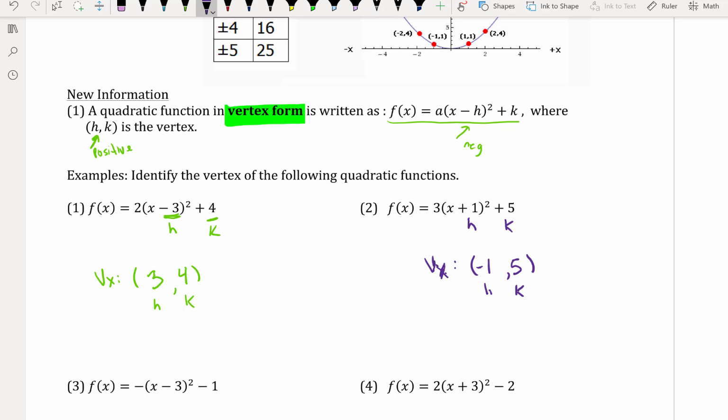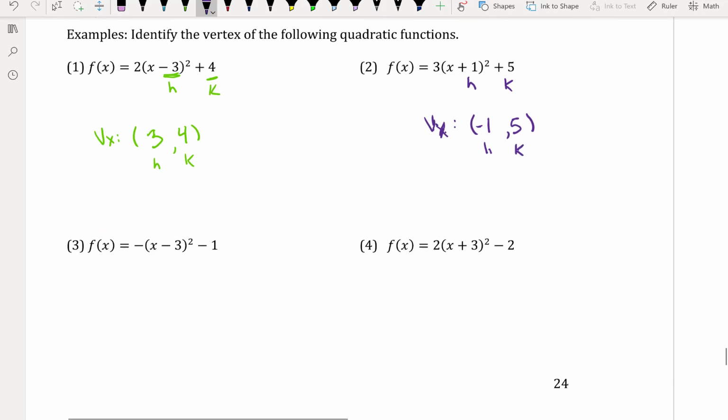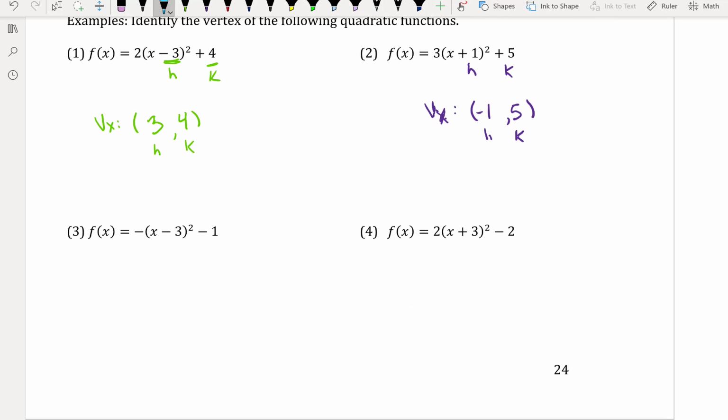So that's going to be a +5. So keep moving along. I have my h and I have my k. So my vertex is going to be the ordered pair where I have h and k. So if that's a -3, the opposite would be a +3. And the k value is a -1.